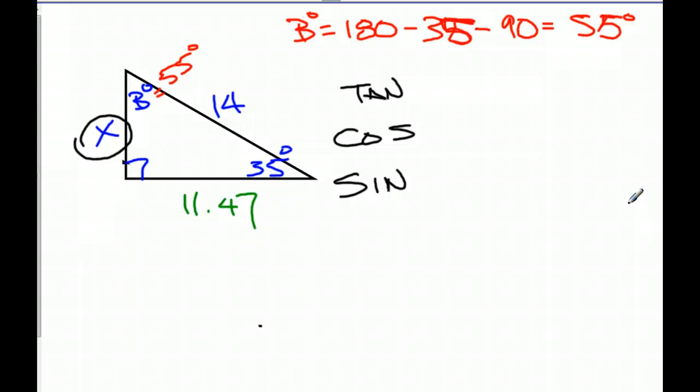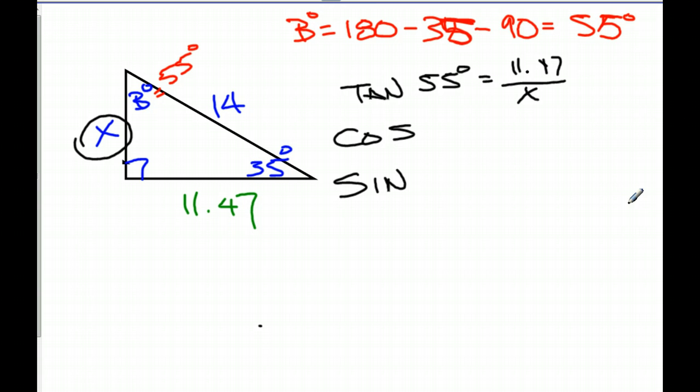So what trig function would I have to use with 55 degrees? A trig function with an adjacent. I'm going to have to use tangent, which is opposite over adjacent, or cosine, which is adjacent over hypotenuse. I can't use sine because that gives me opposite over hypotenuse. So I could use the tangent of 55 degrees, which is 11.47 over x.